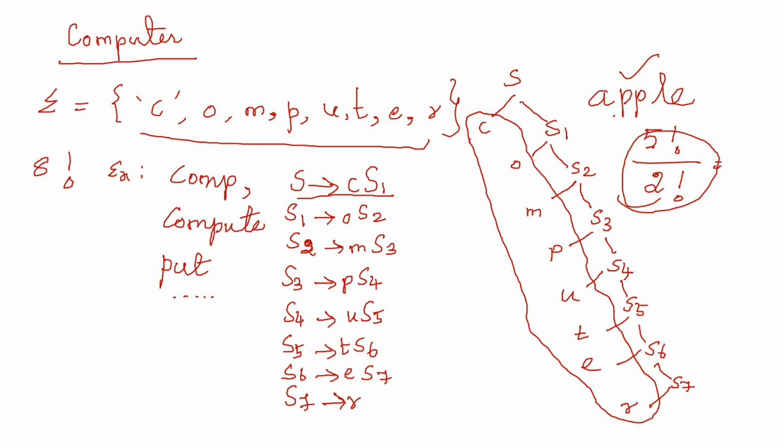But we need to write a generalized rule for generating all the characters, all the combinations. Suppose you want to generate the words put, or compute, or comp, whatever is derived from this. How will you write the generalized rule?